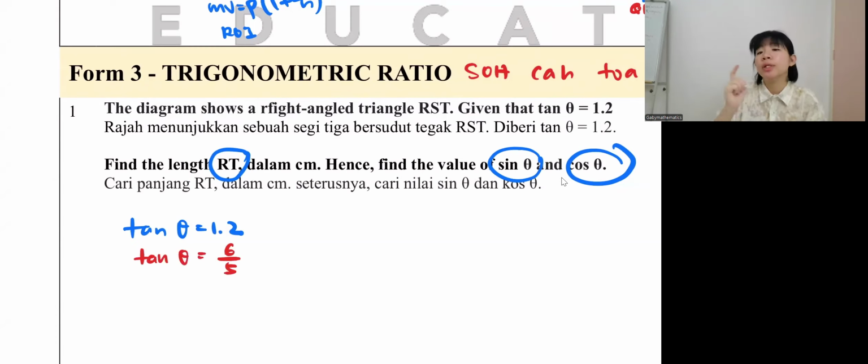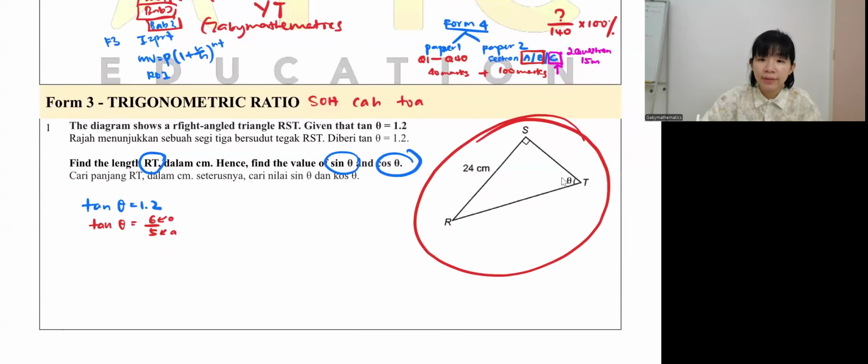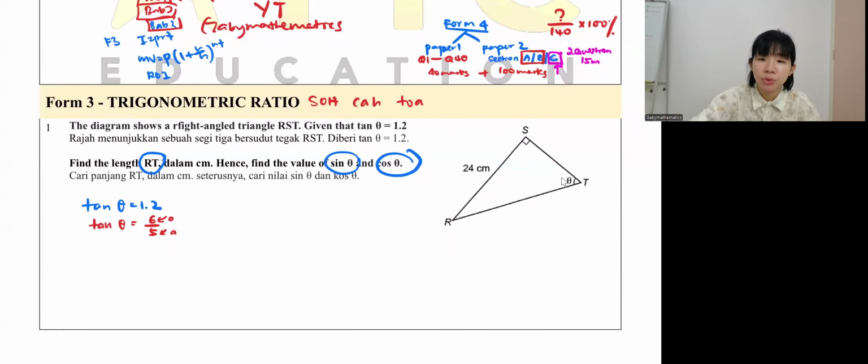Tangent, you know, is TOA. So if you change to fraction, you know this is O, then this is A. Now this triangle given, you label OAH also. Theta here, opposite of the angle, this is O. Opposite of 90°, this is H. Then this is A, correct?